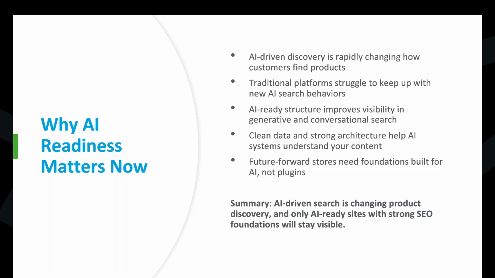AI readiness does matter right now, and AI is changing how customers discover your products. And a lot of that discovery is actually happening before someone ever reaches your site. And tools like Google's Search Generative Experience, they're pulling information directly from your site structure, your content quality, your authority, and not just your keywords.